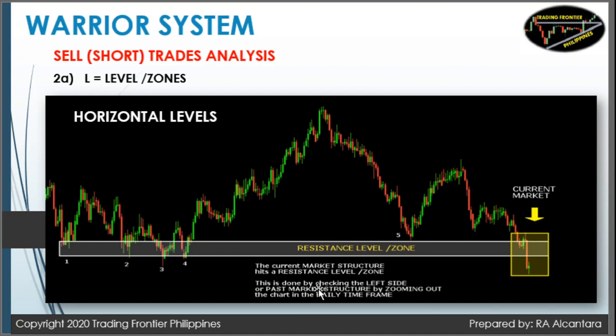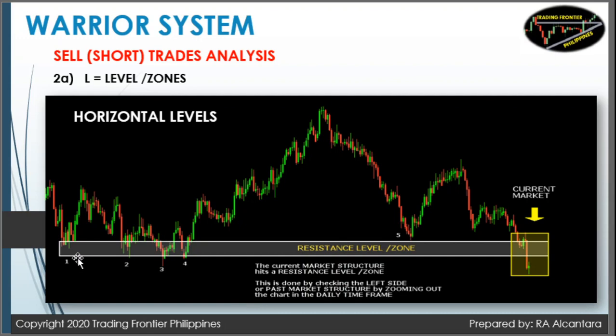We can say that the current market structure is here, as represented in this yellow box. The current market structure hits a resistance level or zone. This is done by checking the left side, or past market structure, by zooming out the chart in the daily time frame. It is better to see the whole picture rather than a portion of the price or the market.